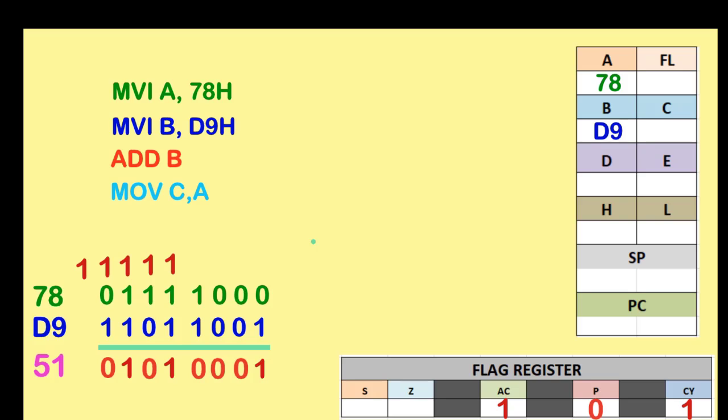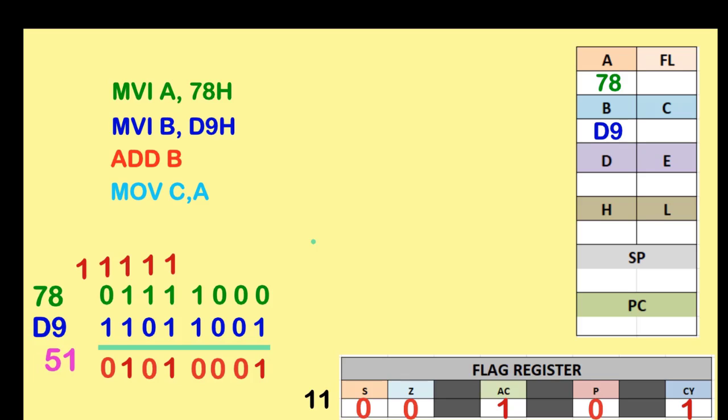Next, the zero flag. Since the result is actually not 0, the zero flag is reset. When the result is 0, the zero flag is set, but because the result is not 0, this becomes 0. And finally the sign flag is the D7 bit. This bit is 0, so the sign flag is also 0. So these are the flag statuses.